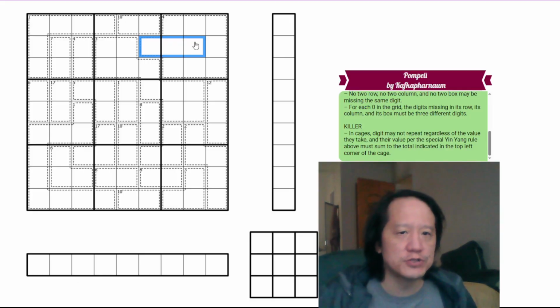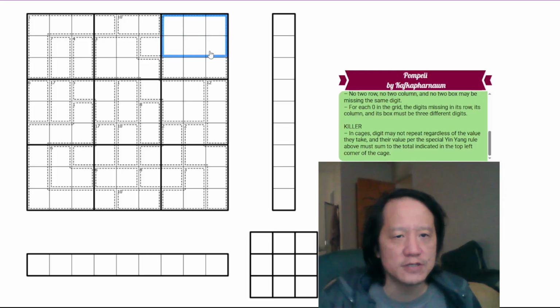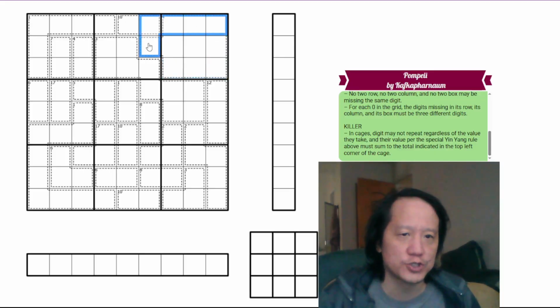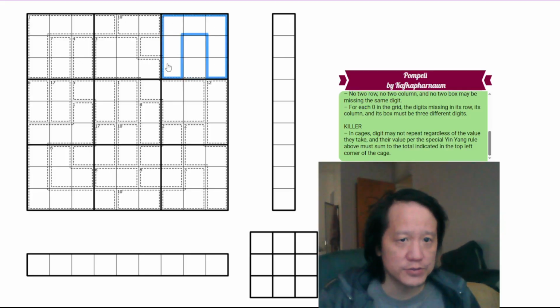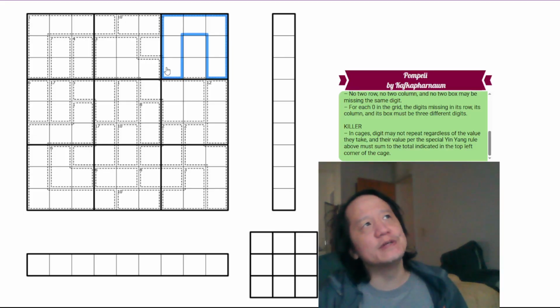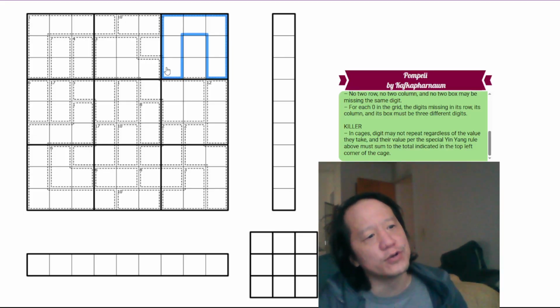You could have a singleton 4, but the problem is if you had a single 4 here, either it's here, but then this 3x3 box is all the same shading, or it's here, here, here, here, here. But again, you can't have that in this 2x2 box or this 3x3 box. You have to have at least 2 that are the same shading, which are different from the others. So I think it has to be 1 and 3, right?